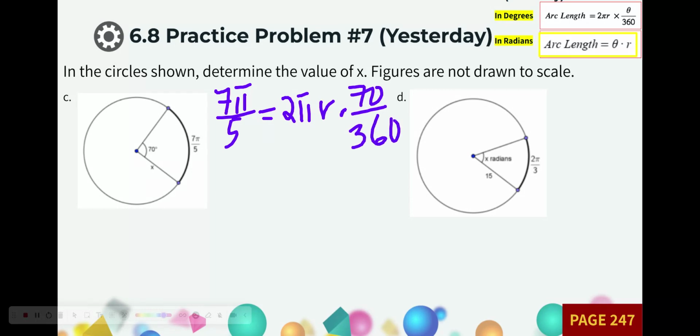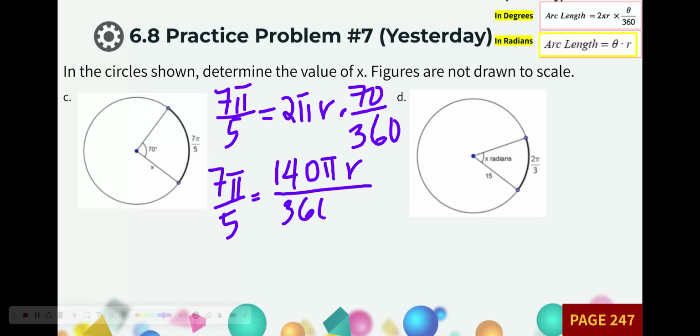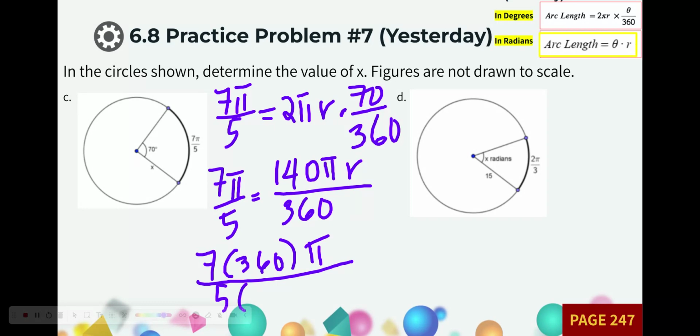Now, if you put them all together, that becomes 7 pi over 5 equals 2 times 70, which is 140, pi r over 360. Next, if you want to cross multiply, that would become 7 times 360 pi over 5 times 140 pi equals r.